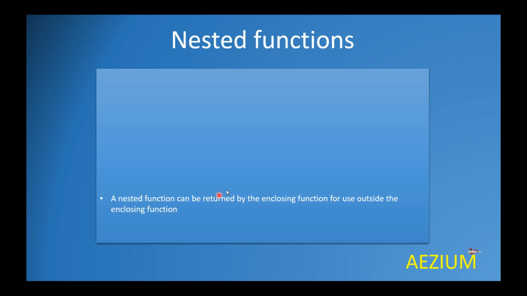A nested function can be returned by the enclosing function to be accessed by the outside world. If the nested function is not returned by the enclosing function, it remains local to the enclosing function and it cannot be accessed by the outside world.